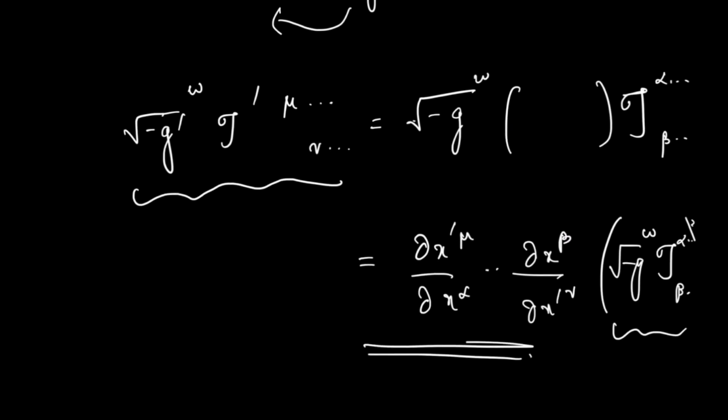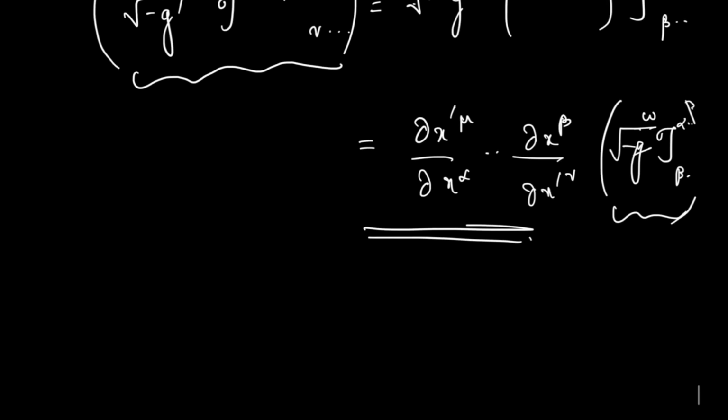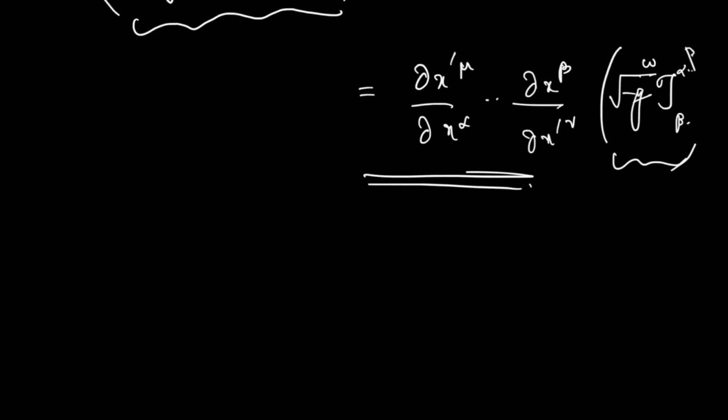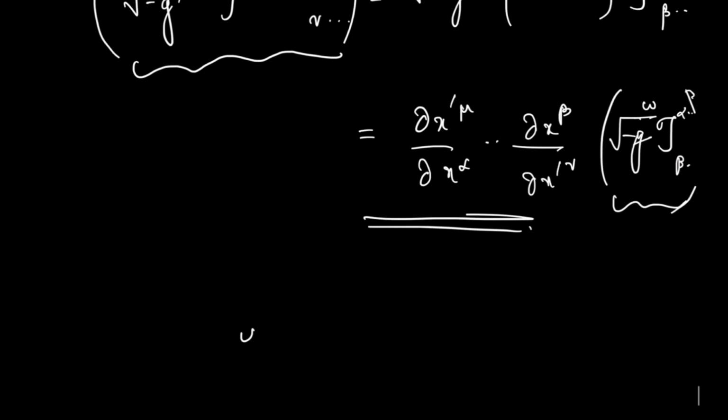If I combine this root of minus g raised to w with the tensor density on the right hand side, then you can see that it is transforming like a tensor, which means that a tensor density of weight w, when multiplied by a factor root of minus g raised to w, is an ordinary tensor.